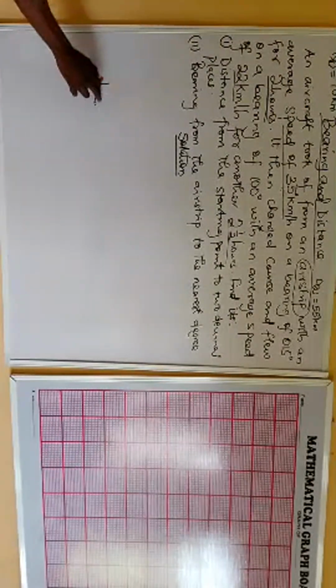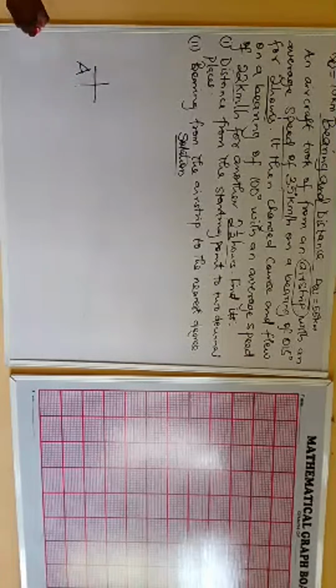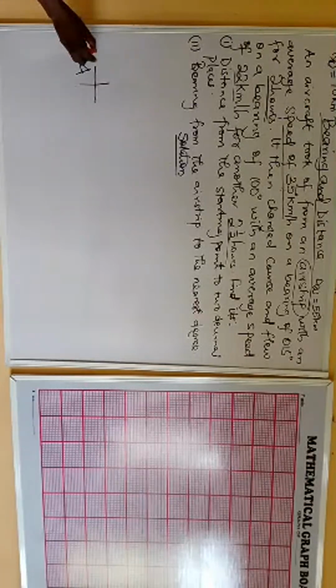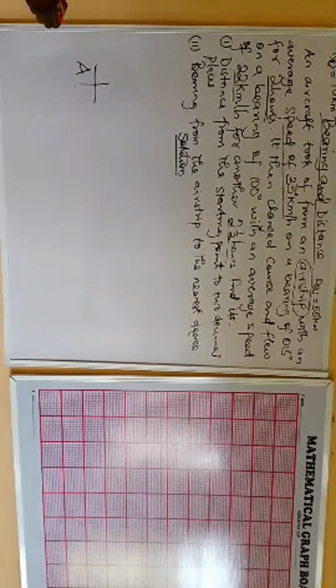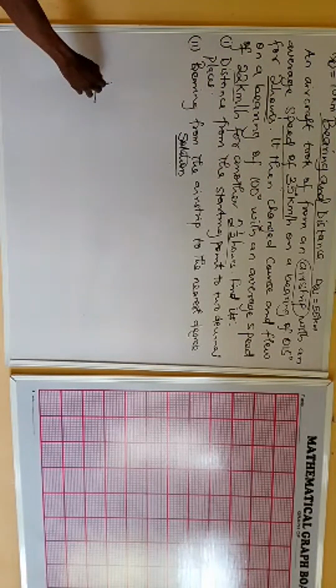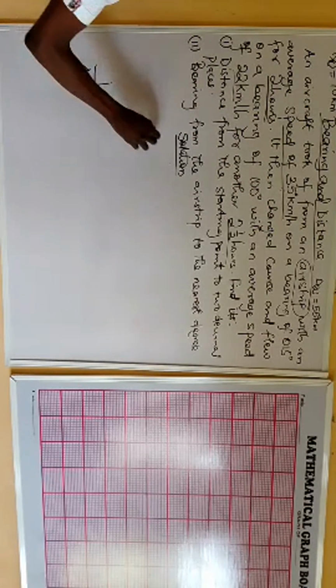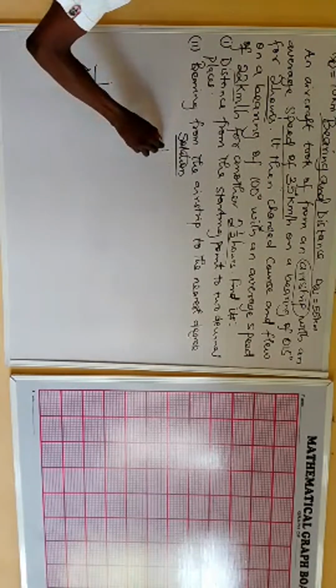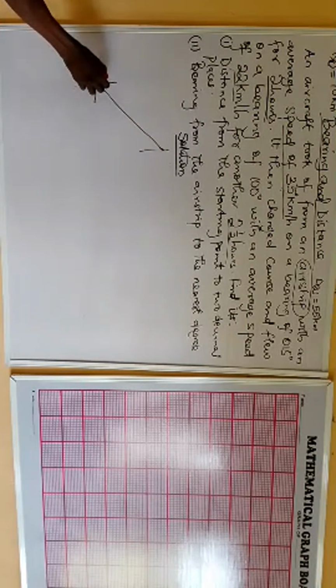Here is 90 degrees, here is 180 degrees, here is 270 degrees, and here is 360, also the starting point. If it is 15 degrees, it will fall within this range.